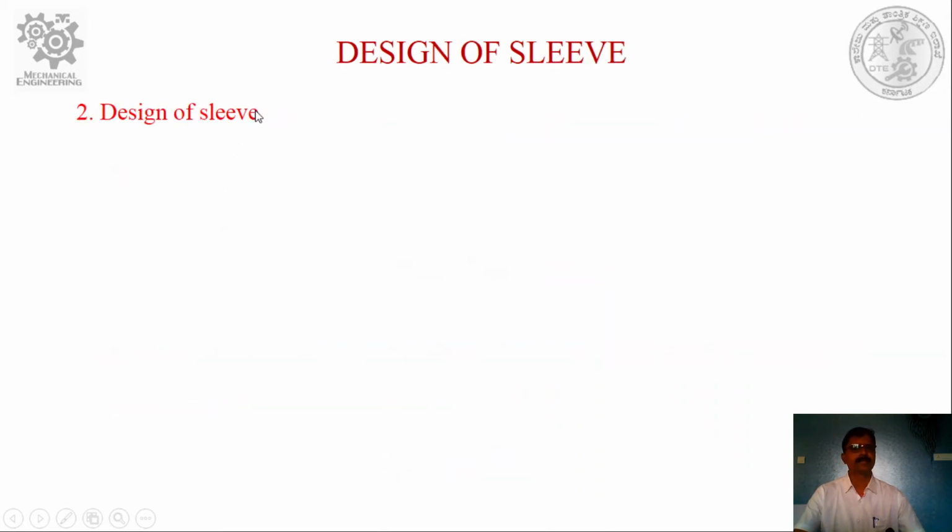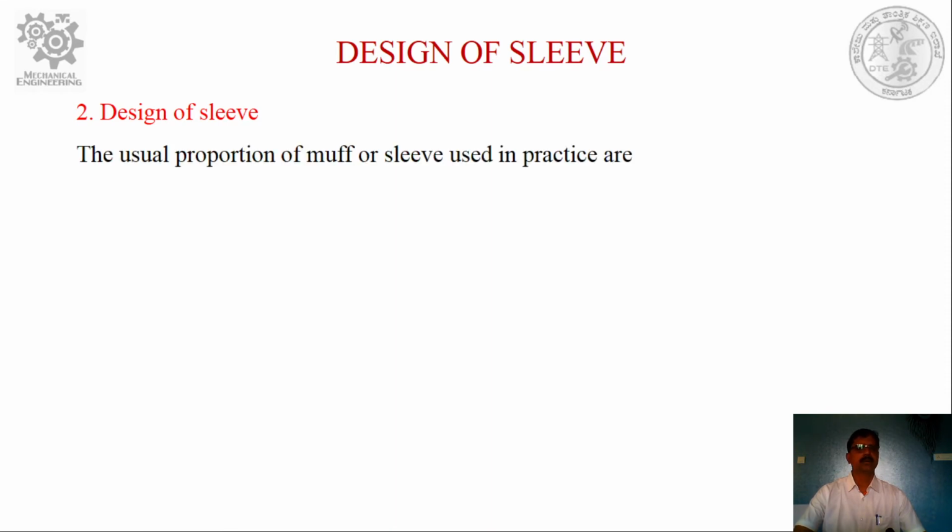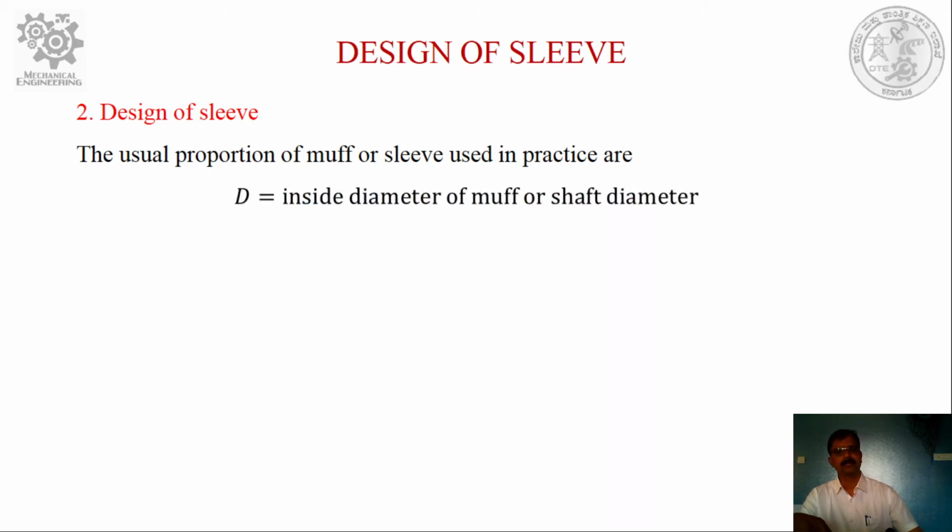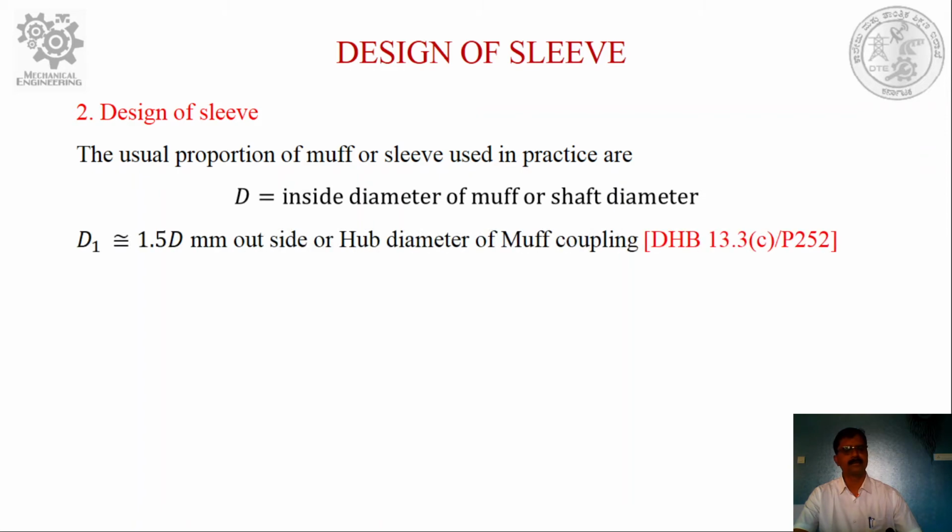Now next is design of sleeve. The usual proportions of muff or sleeve used in practice are: D is equal to the inside diameter of muff or the shaft diameter, and D1 is equal to approximately 1.5 D millimeter, the outside or hub diameter of muff coupling.